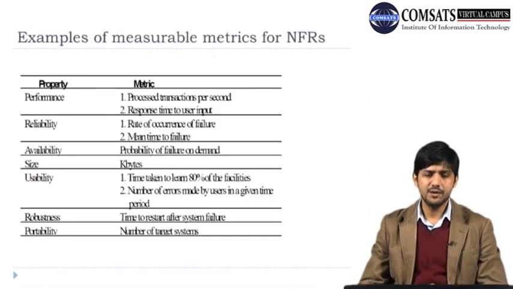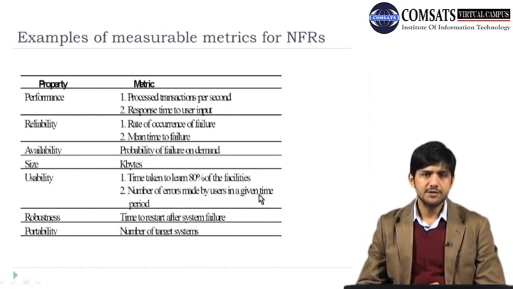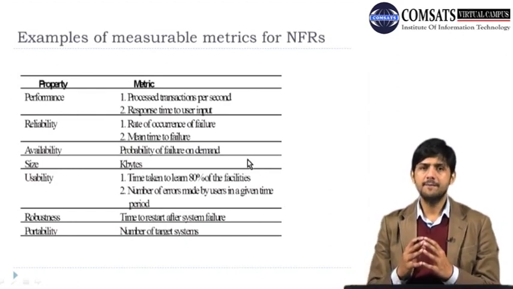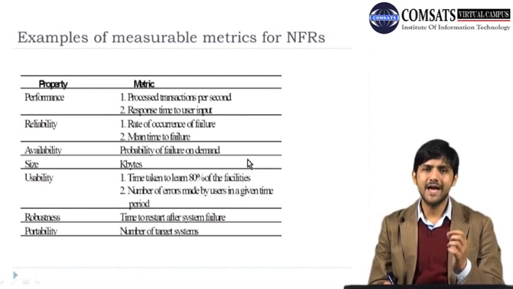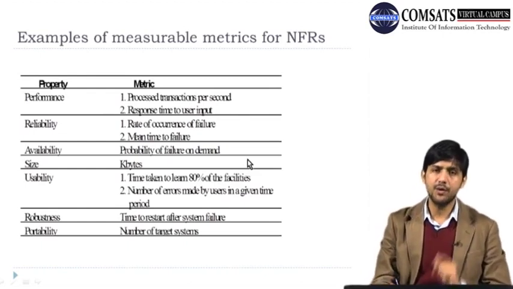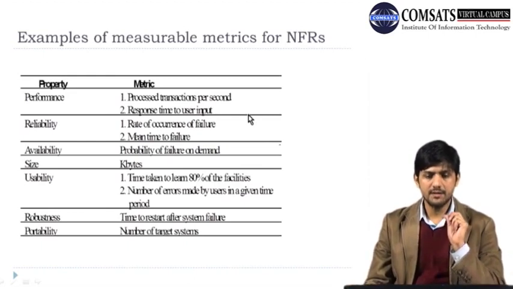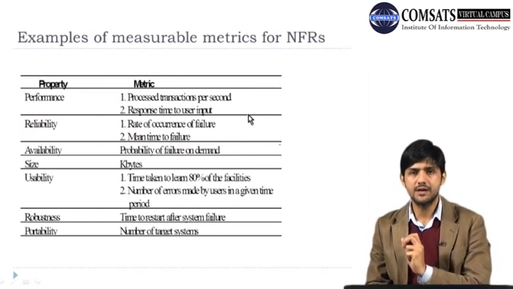So what are some examples of measurable metrics for these non-functional requirements? Whenever we are talking about performance, it can be measured using these metrics. One metric for performance is the process transaction time, and the second is the response time to user input.